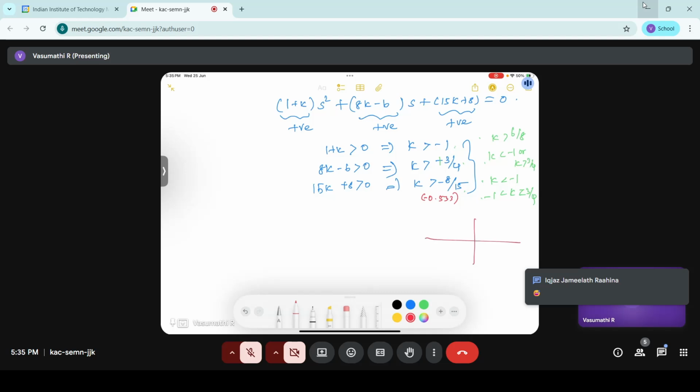If I take minus 1 here, 3 by 4 here, minus 8 by 15 would be here.